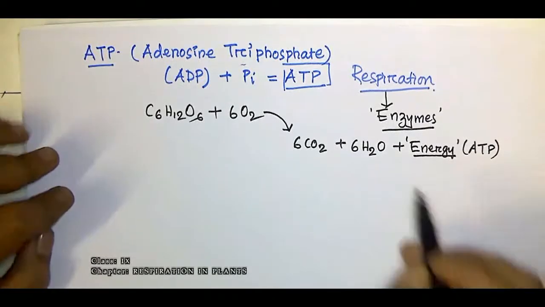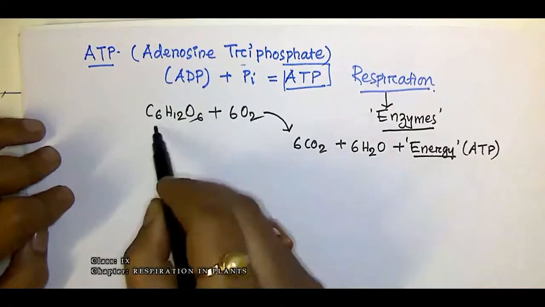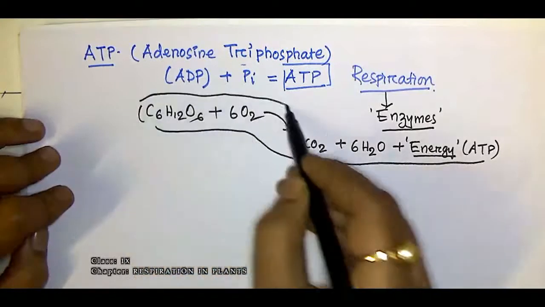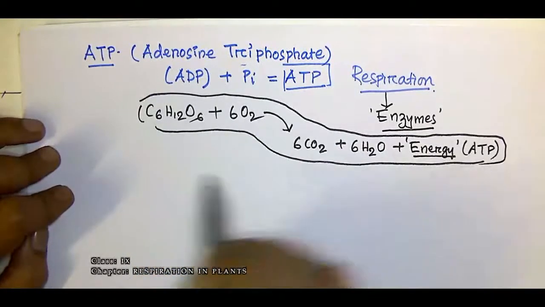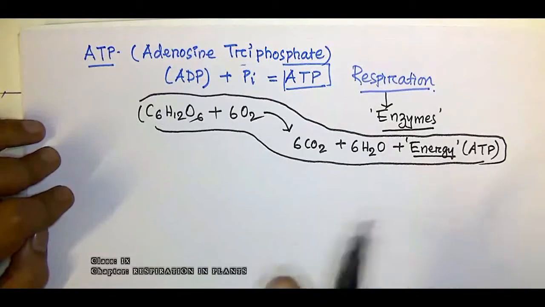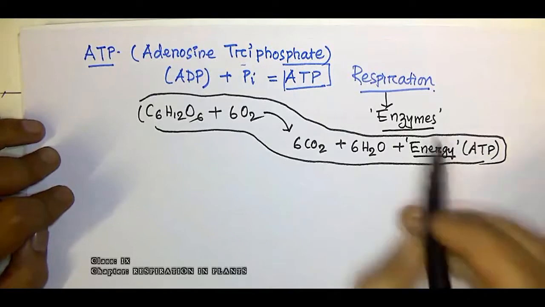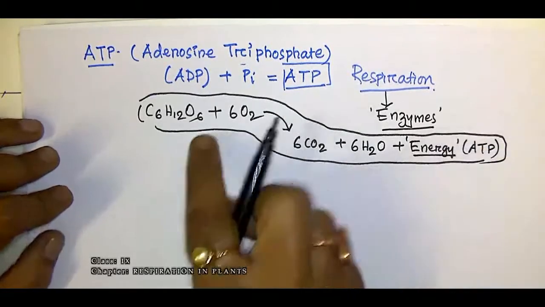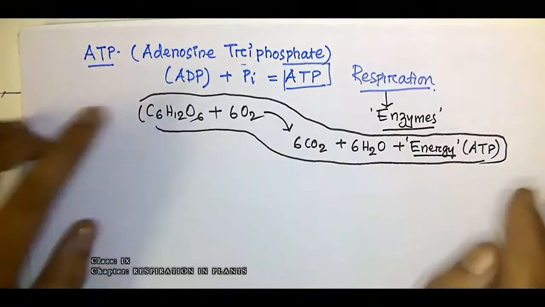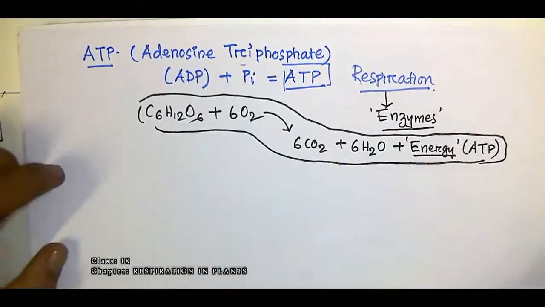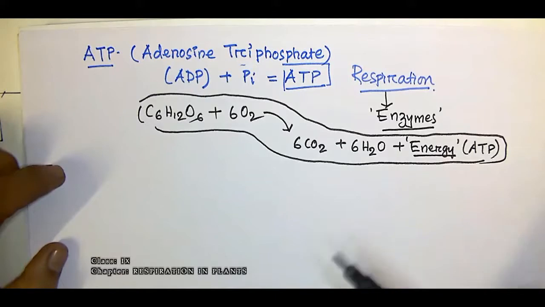Now, please understand a very important concept here: we have written down the net equation of respiration, and this particular equation talks about the overall reaction. If you want to study respiration in detail, it is not a single step equation. In fact, there are several steps which occur, and several different intermediates would be formed. Certain intermediates are in fact used for synthesis of different chemical substances inside the cell.